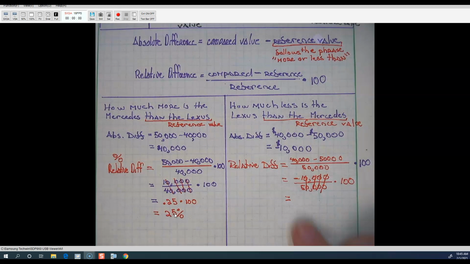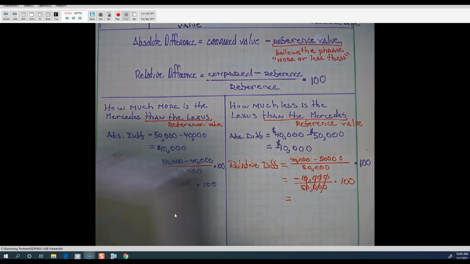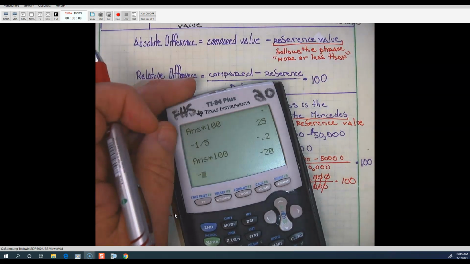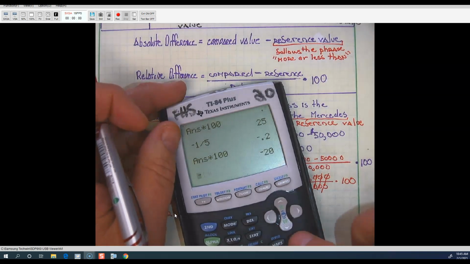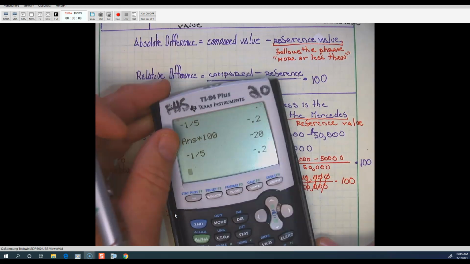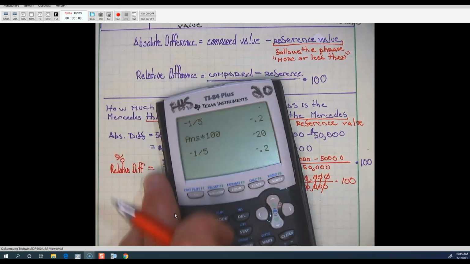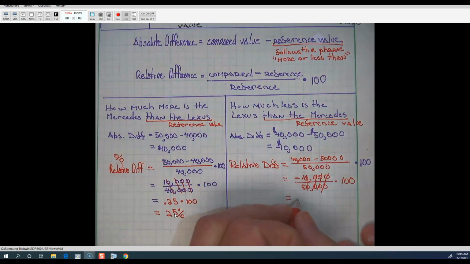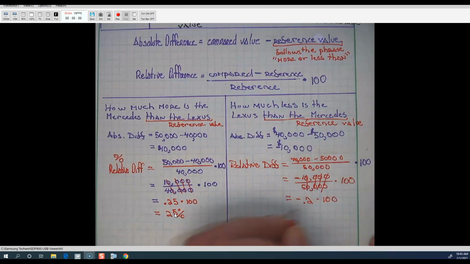And I get negative 1 over 5. So negative 1 divided by 5, that's negative 0.2. Multiply that by 100, and I get negative 20%.